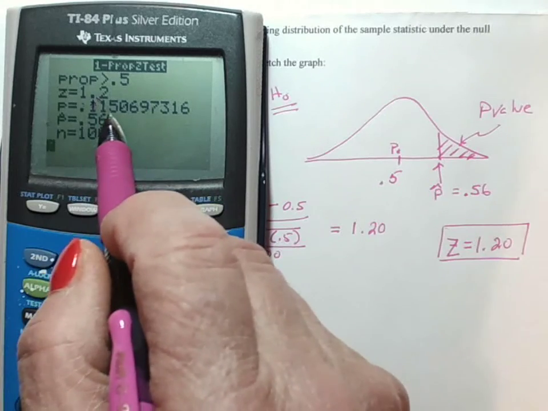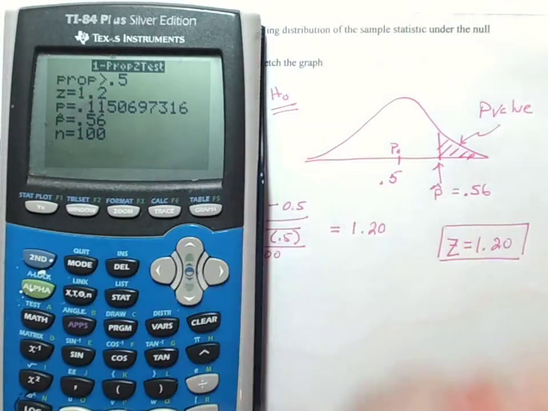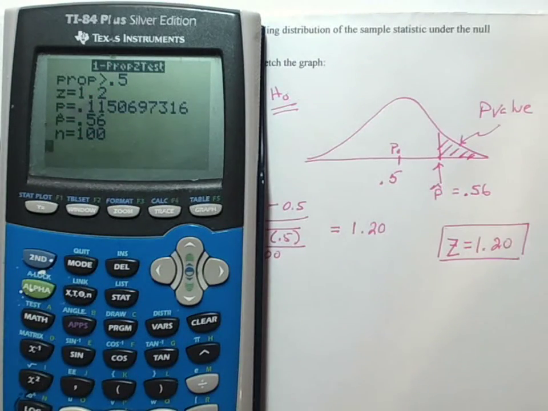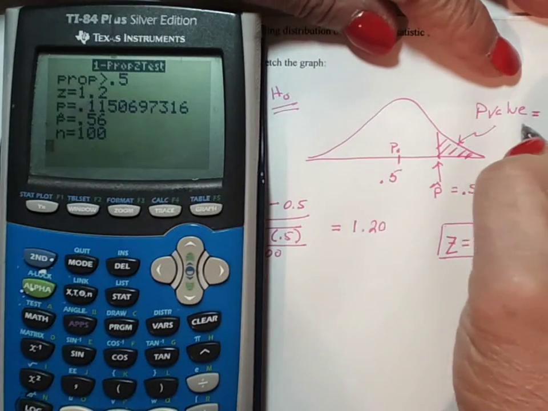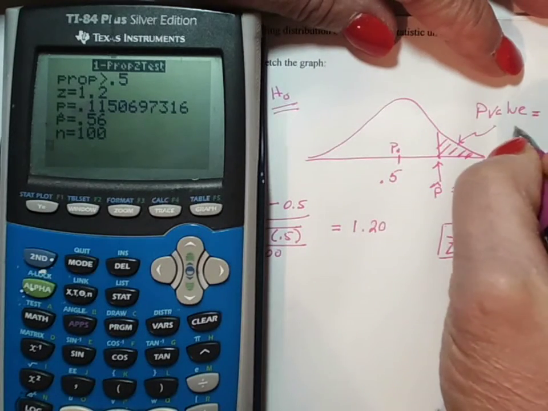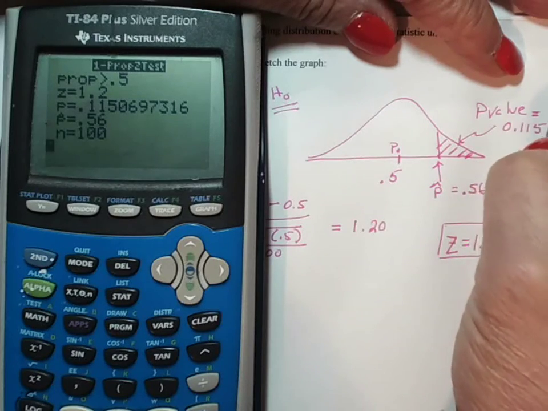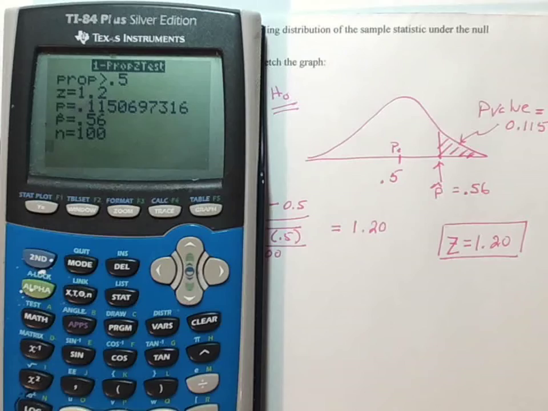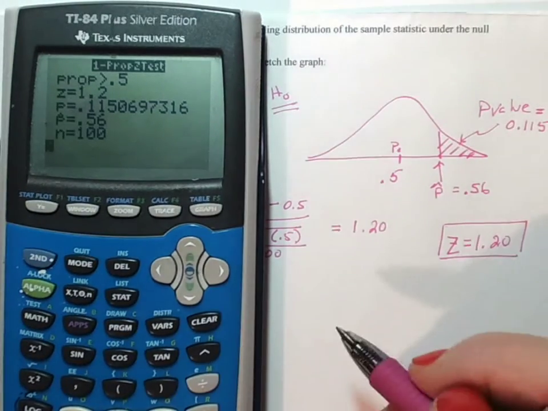So don't confuse that with the population parameter. That's our p-value. P hat's 0.56. So our p-value is going to be 0.1151. They typically like you to do it in 4 decimals. In this case, 3 decimals would be sufficient.